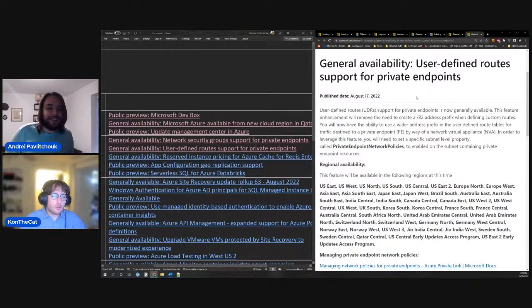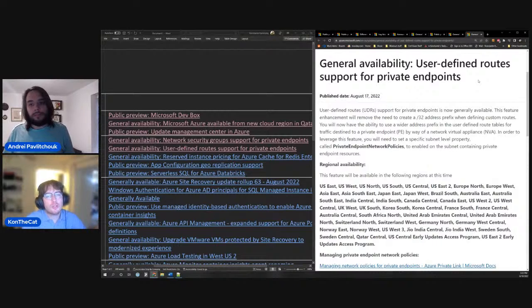For the longest time, until this update, you couldn't control access to a private endpoint with network security groups. So you couldn't manage the access. Hopefully that was okay for your security requirements. If it wasn't, that wasn't very great. And the same for user-defined routes, it just wasn't available.